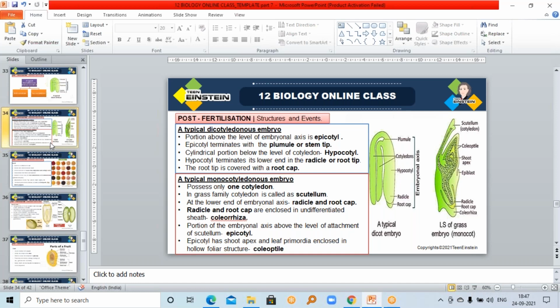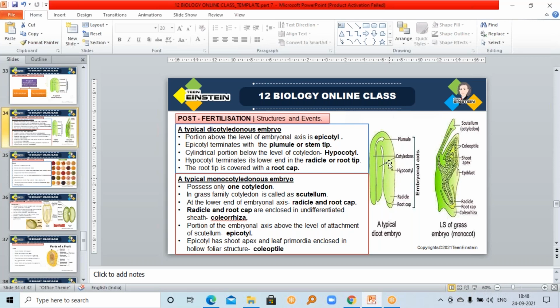And next, in a typical dicotyledonous embryo, we have the embryonal axis and two cotyledons. The portion of the embryonal axis above the level of the cotyledons is called the epicotyl.